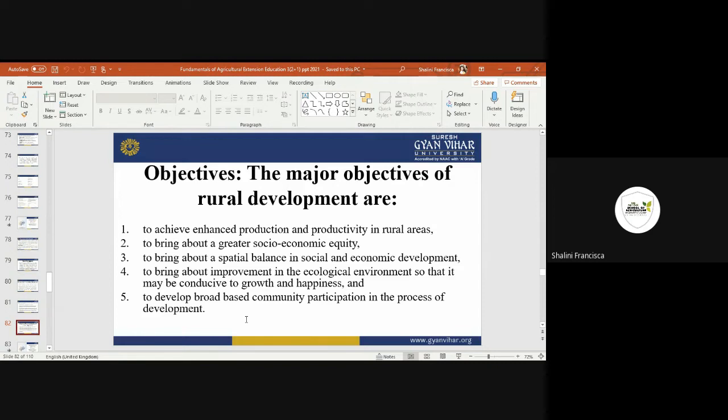And to develop broad-based community participation in the process. Development is not just something given by the organization or the government to the people. It is from people's participation also that development will be successful.